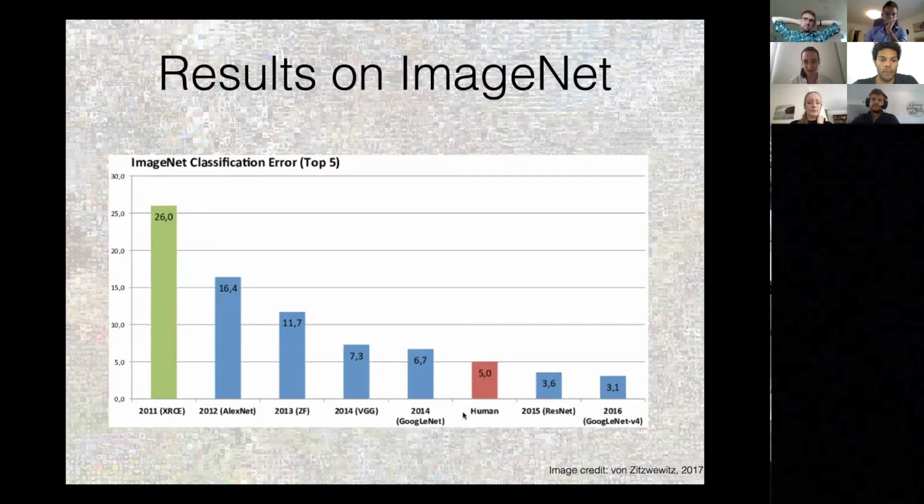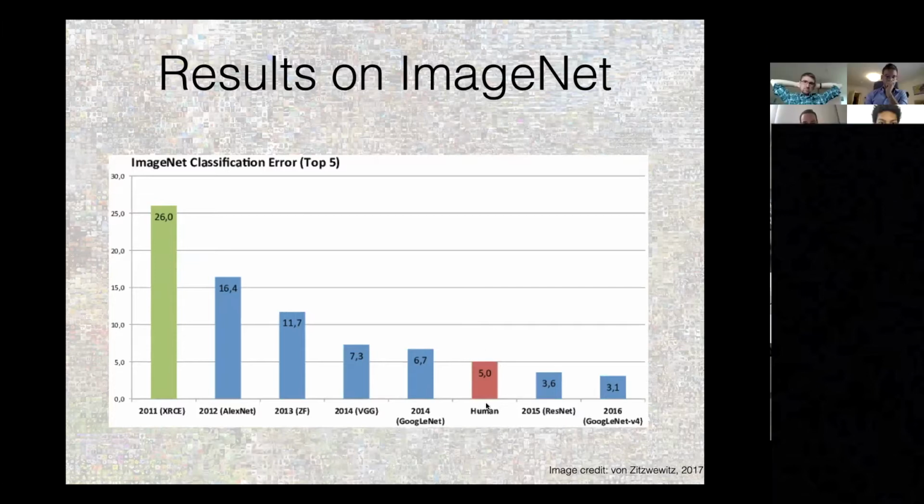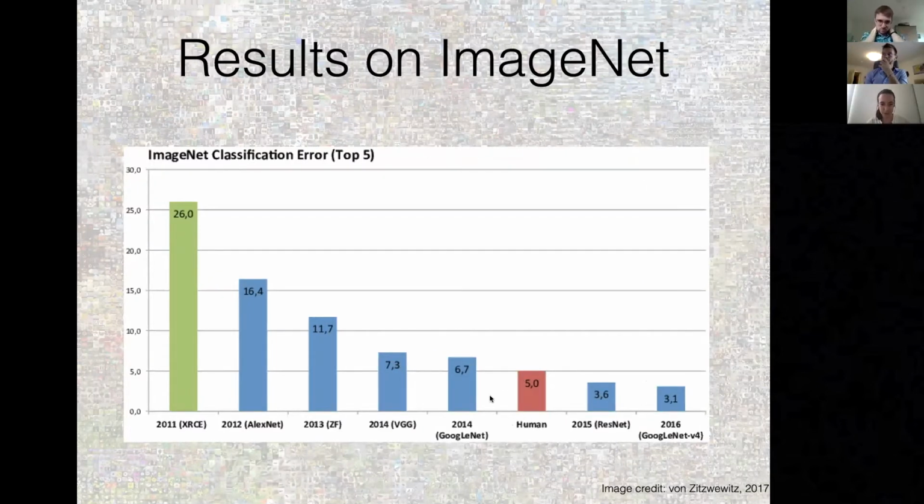And here you have human performance. I am not 100% sure that this human performance is really comparable to the DNNs, how it was done, but it's just for reference, to see that now at the behavior level, DNNs seem to be better than humans at recognizing which objects are in the image.